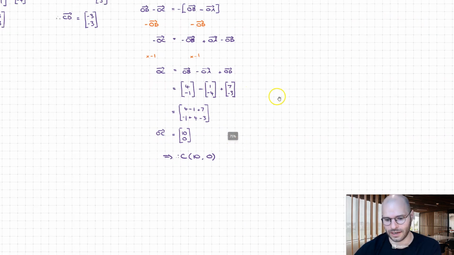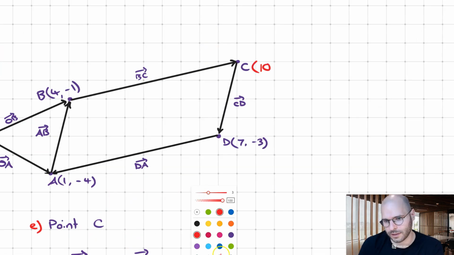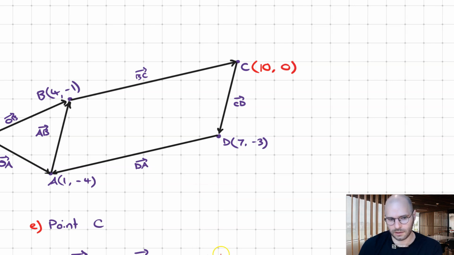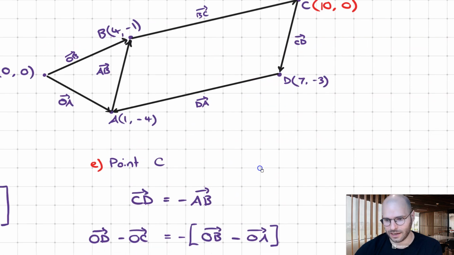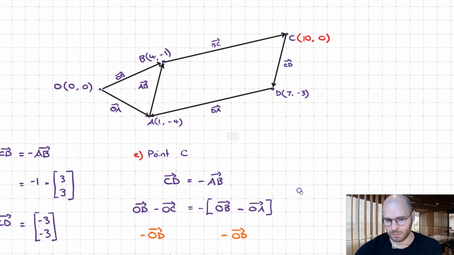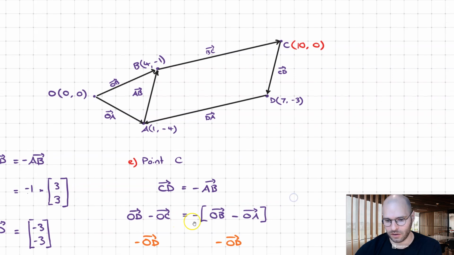If we look at our diagram above, if we throw in 10, 0, then it clearly seems to look the part. So you go from here, it's minus 4 to minus 1, minus 3 to 0, 1 to 7, 4 to 10. So the way in which we can calculate unknown points in space is by the careful manipulation of position vectors.